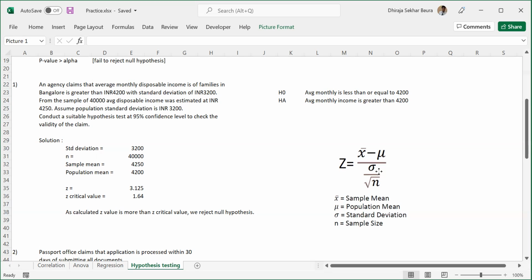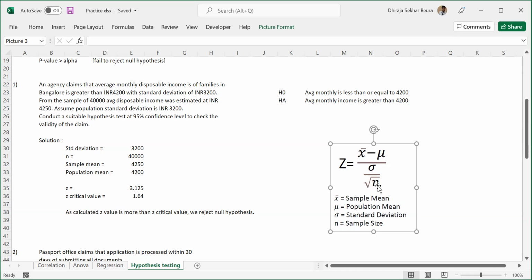The formula is something like this. X bar is your sample mean minus the population mean. Sample mean is how much for us? 4,250, absolutely perfect. Population mean is how much for us? 4,200, absolutely correct.